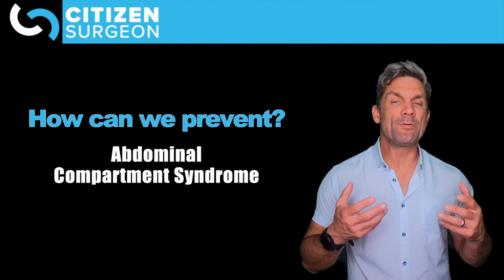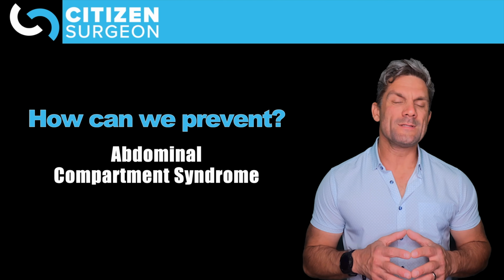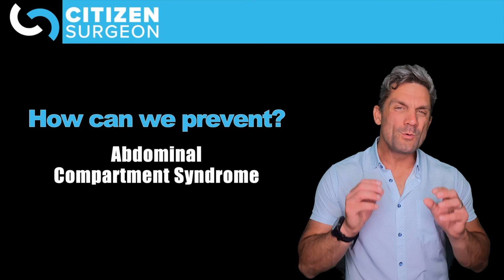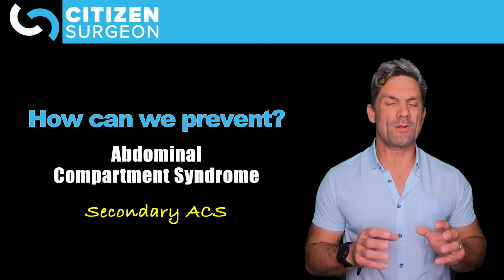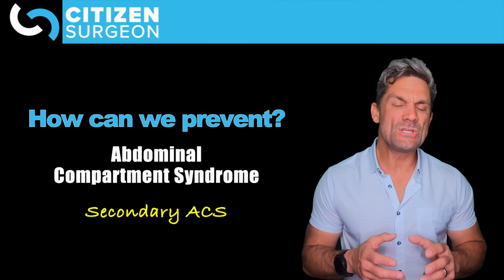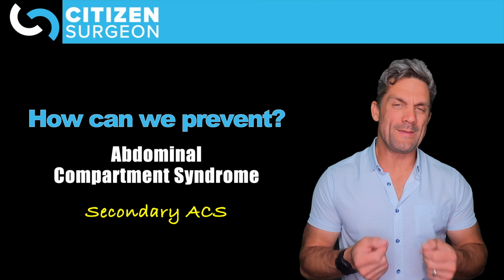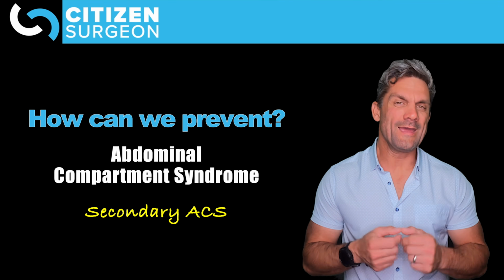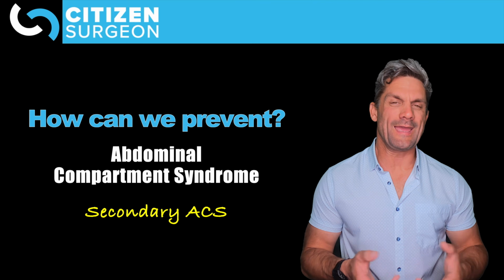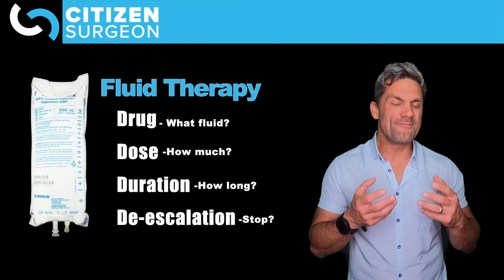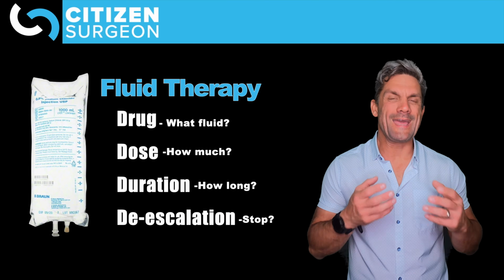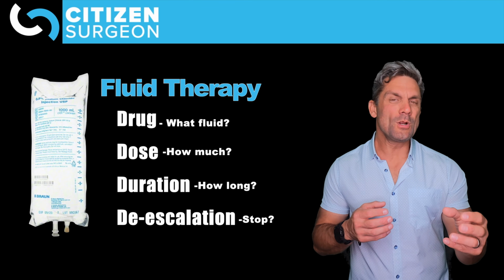Now, how can we prevent abdominal compartment syndrome? Well, here I really want to refer to secondary abdominal compartment syndrome, and that has to do with how we treat people with fluid. Okay, now fluid is a drug, and we have to think about the 4 Ds when it comes to any drug. So what fluid are we going to use?